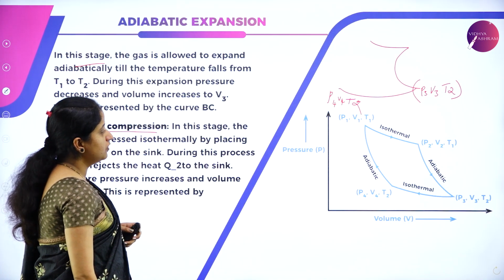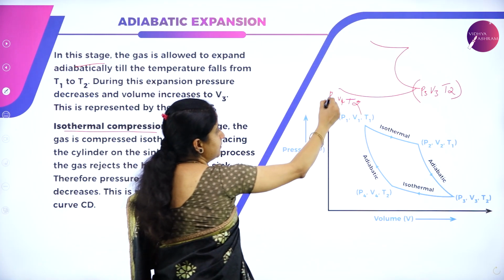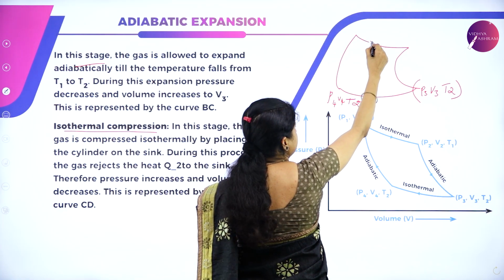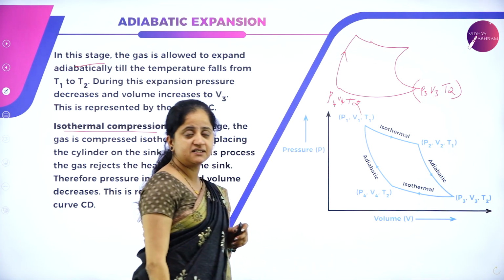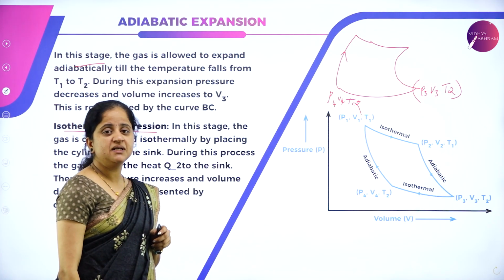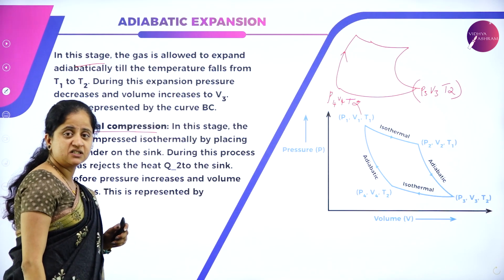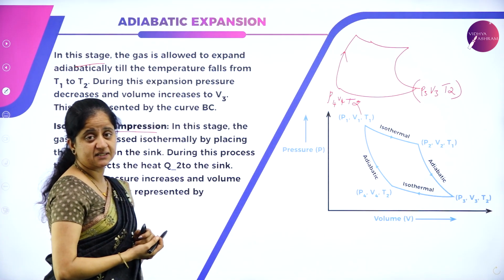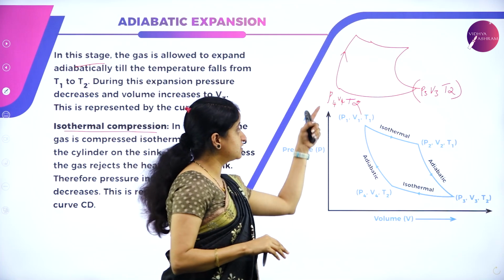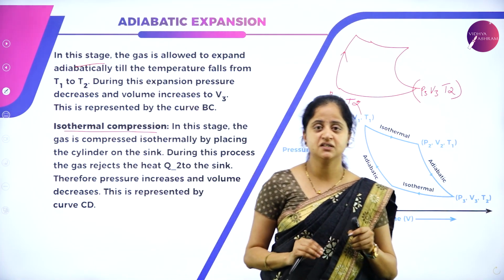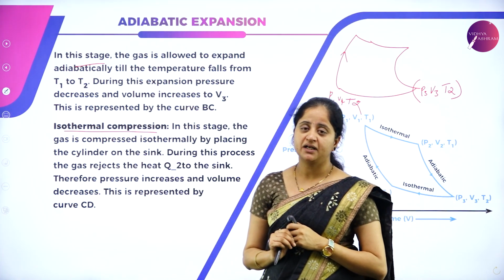And the fourth stage is adiabatic compression, in which the system goes back to its initial state since it is a reversible cyclic process. So this is the working of the Carnot heat engine, or the Carnot cycle. It works in 4 stages: isothermal expansion, adiabatic expansion, isothermal compression, and adiabatic compression.